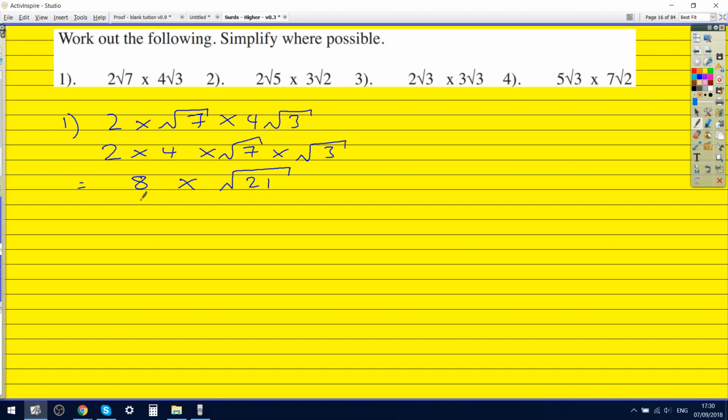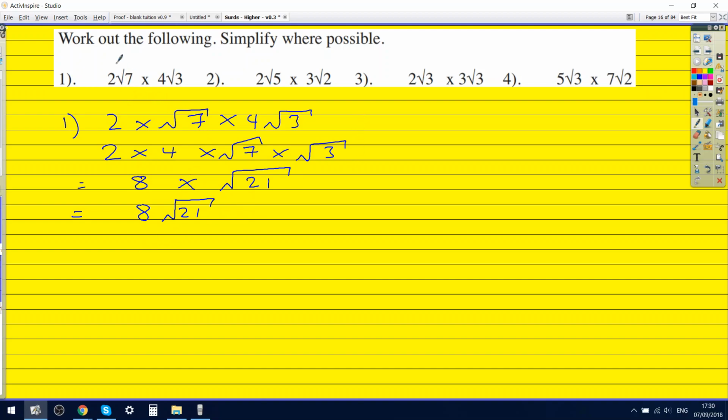We can't times a whole number by a surd, and so what's the short way of writing our answer? 8 times 21 over... No. Short way would just be 8 root 21. So if you had 8 times a, short way of writing that would be 8a. 7 times b, short way of writing is 7b.